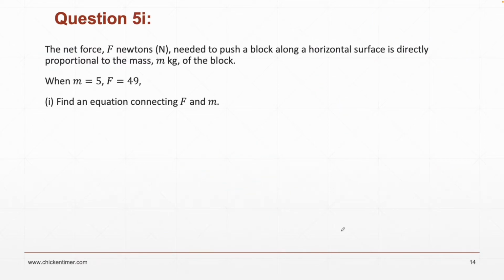Question 5 is our very standard beginner kind of direct proportion question. It's a basic question that makes use of y equals kx. The question states: the net force needed to push a block along a horizontal surface is directly proportional to the mass m.